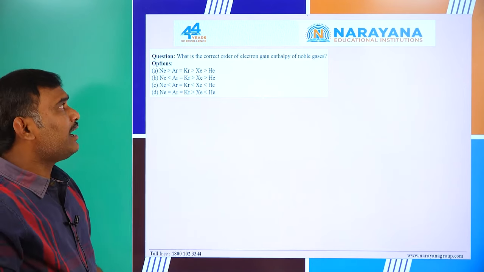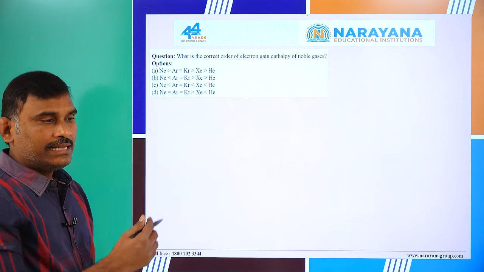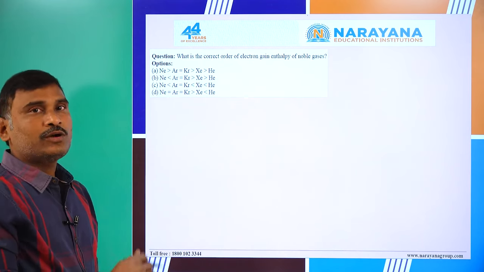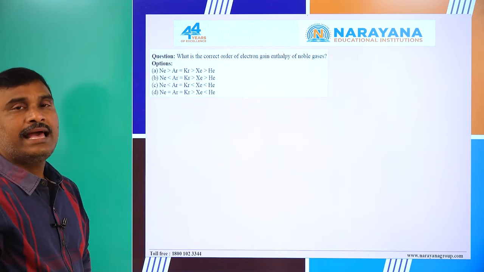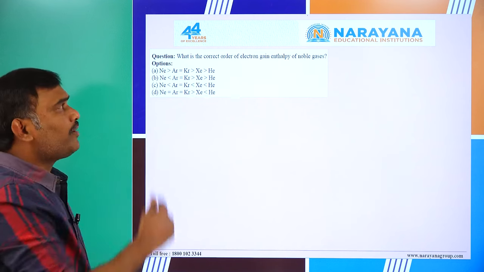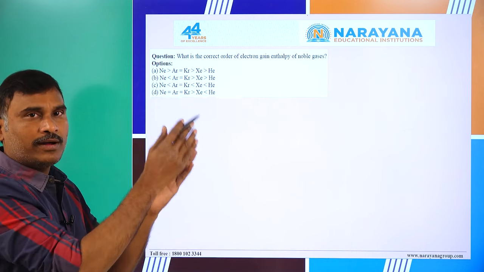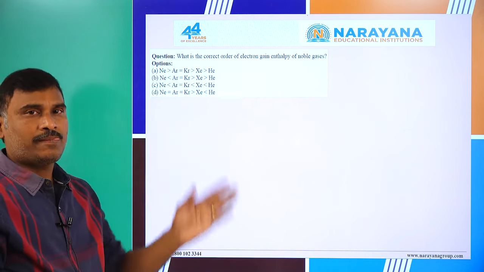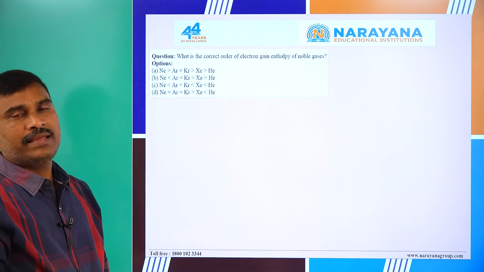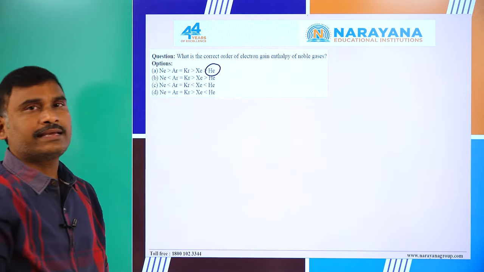What is the correct order of electron gain enthalpy of noble gases? Generally, these zero group elements or noble gases have positive electron gain enthalpy. Except helium, from top to bottom, electron gain enthalpy decreases. Why does helium have less electron gain enthalpy?